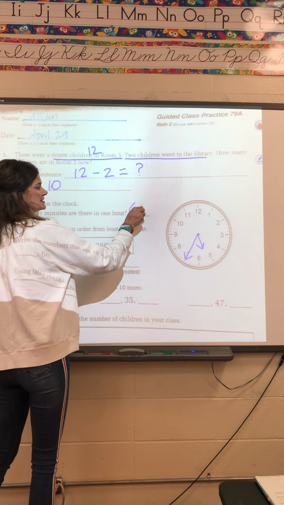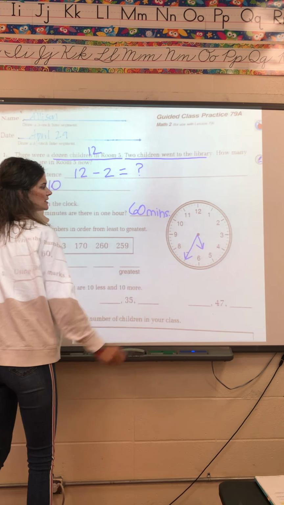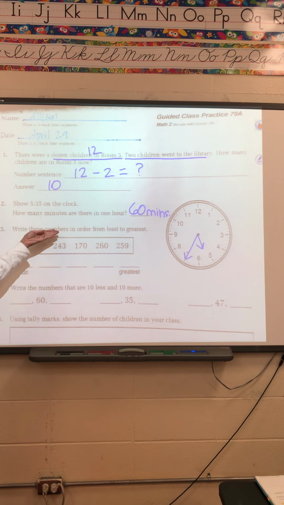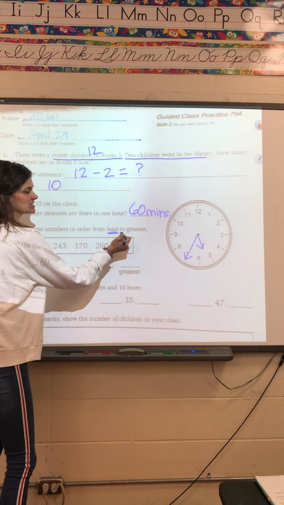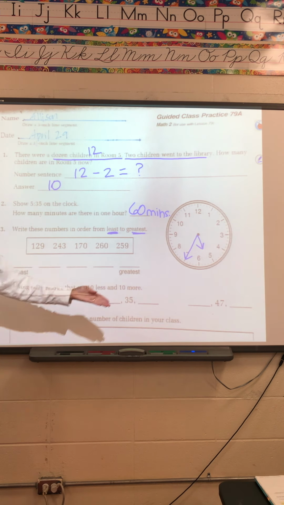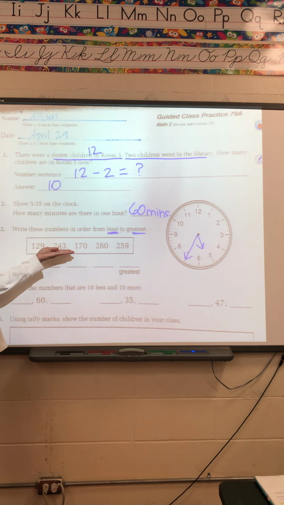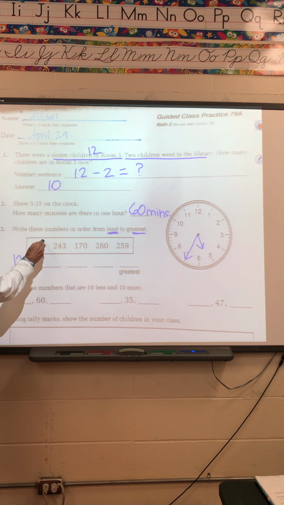So you're going to write 60 M-I-N-S period, minutes. Write these numbers in order from least, which is the smallest, to greatest. Which of these numbers is the least? I'm going to give you a second to look at them. So it's between these two because they both begin with 1. So 129, and I'll cross it out.